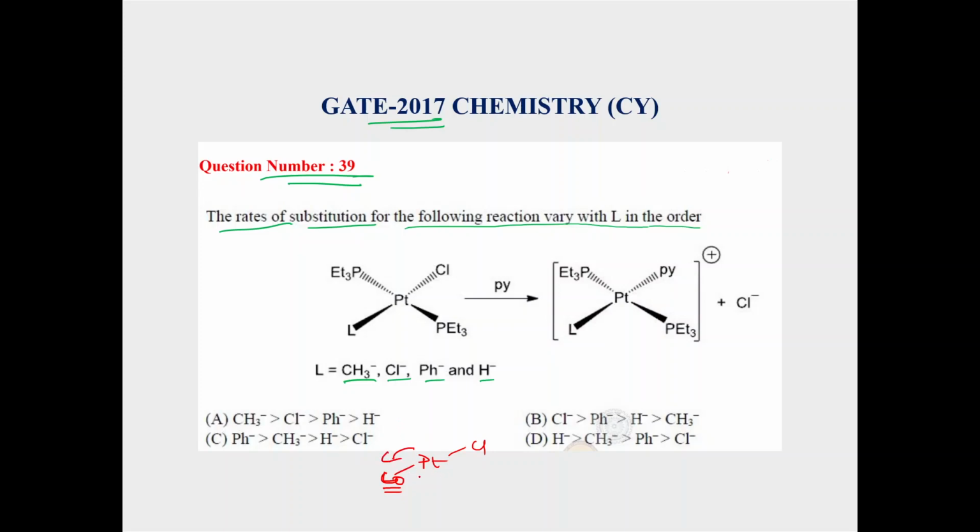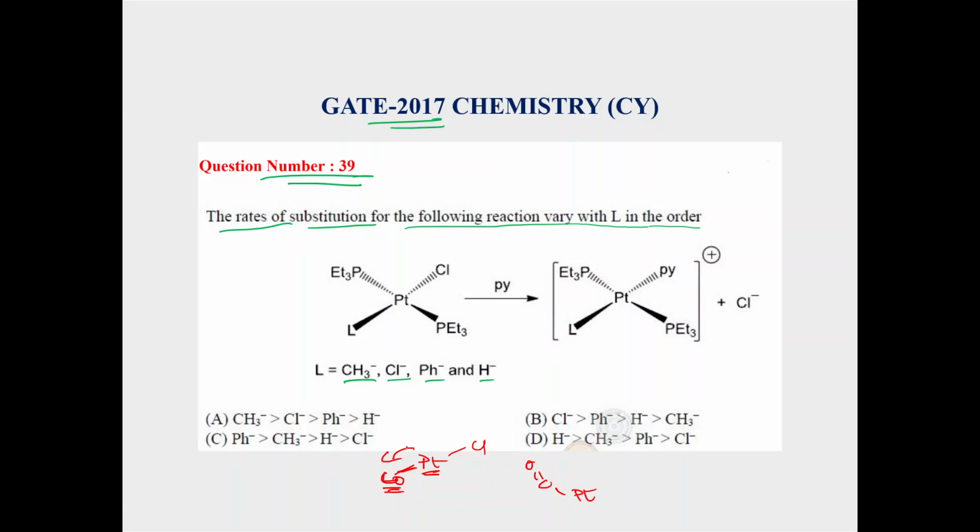And because of that back bonding, the bond between the platinum and the carbonyl ligand will be stronger. Pi back bonding means the bond between the metal center and the carbonyl ligand becomes stronger, right?